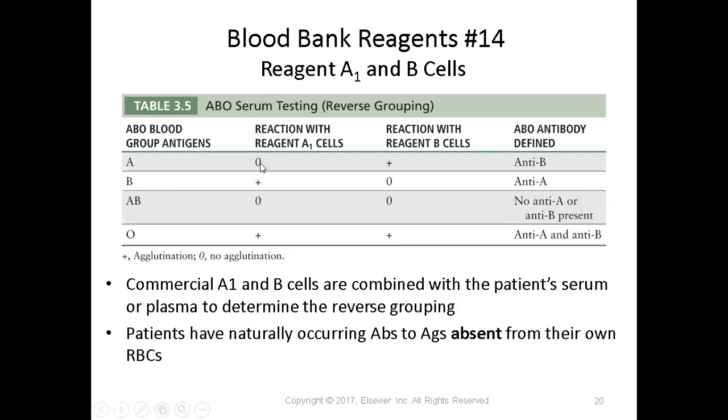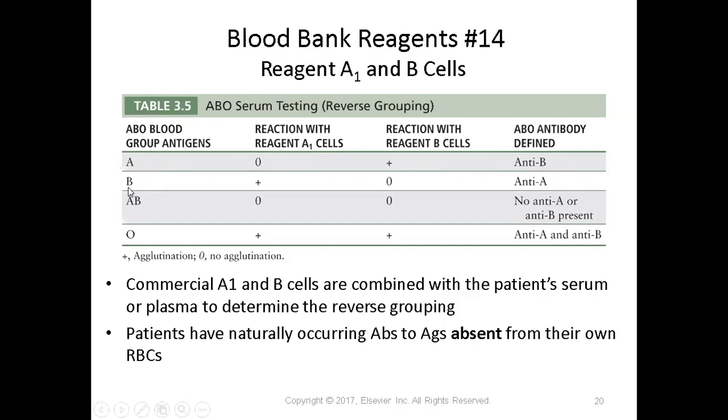An anti-A would be the one that would react with A1 cells, and they'd be reacting with themselves in that case. We expect them to have an antibody against B antigen because they lack the B antigen. And remember, these reagent B cells have B antigen on them. So these are the cells we think are going to react because they have naturally occurring anti-B.